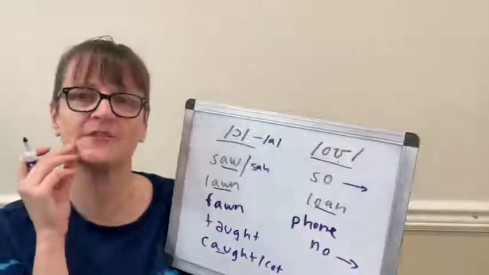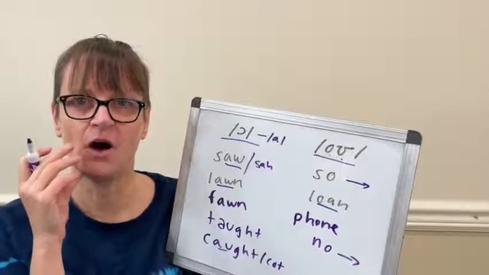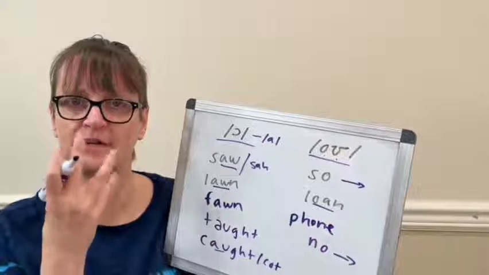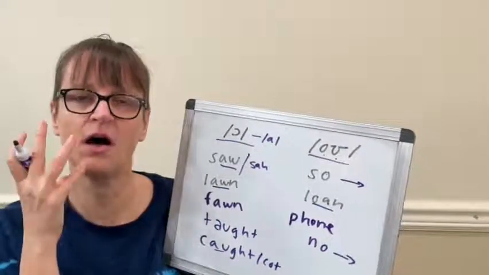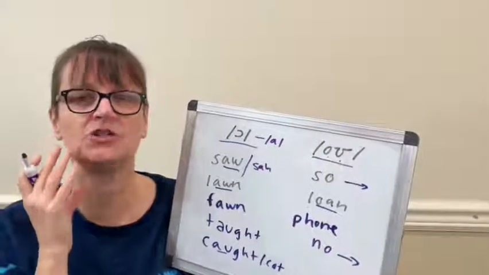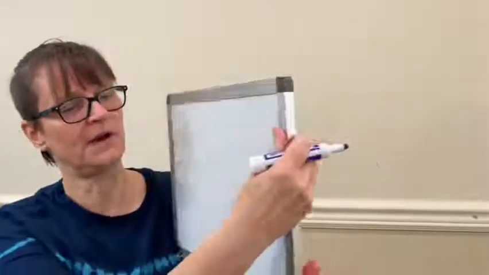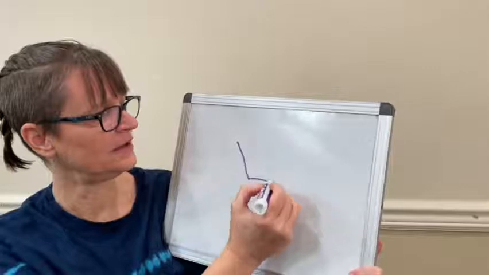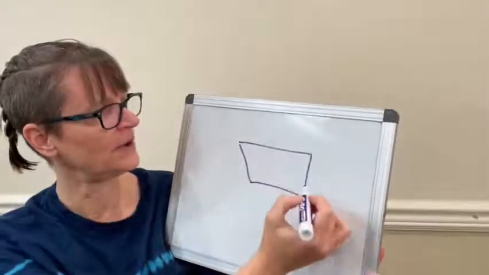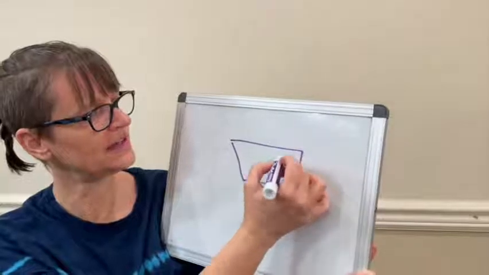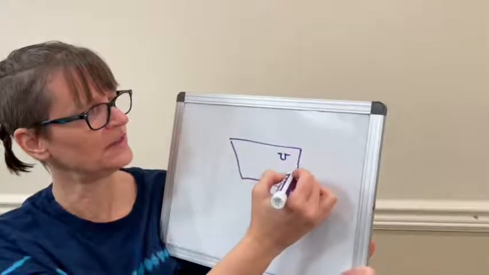Okay, so when I'm saying O versus ah, you could see when I say O, I'm rounding and closing. When I say ah, I'm not quite as round, and also my jaw is more open. So on the vowel quadrangle that we often talk about in videos about vowels, we have the O in this tense area and it moves to the lax.